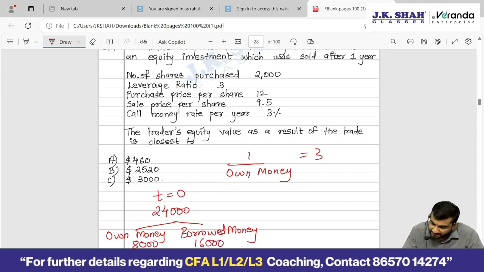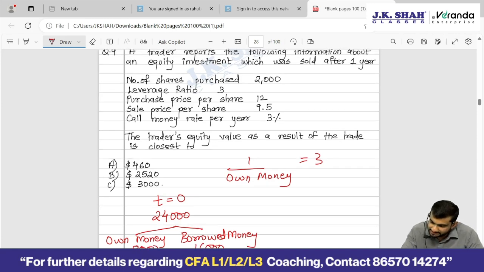Borrowed money is how much? 16,000. After a year, I sell 2,000 shares at 9.5. So 2,000 into 9.5 is how much? 19,000. Out of 19,000, I have to repay the loan, which is 16,000 on that 3% interest. How much? 480.